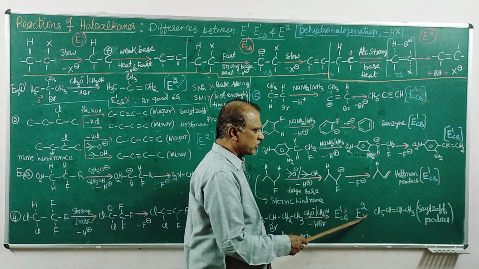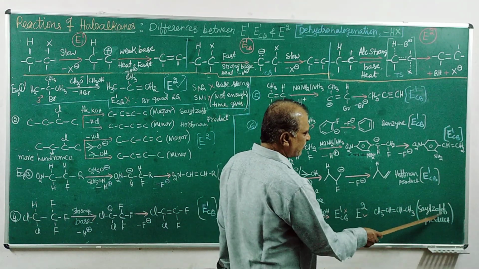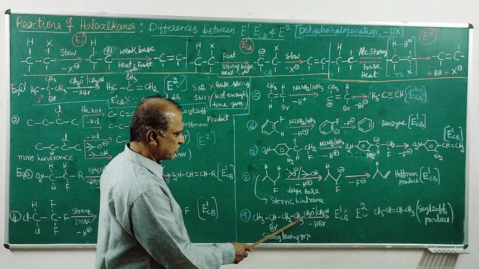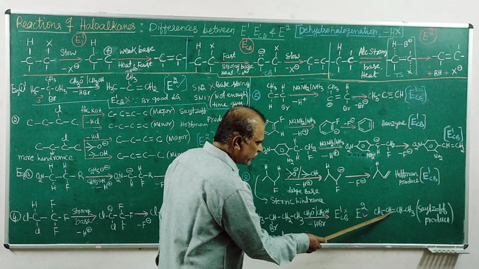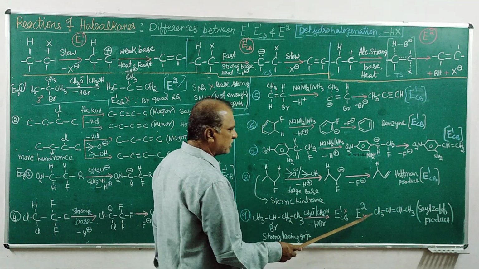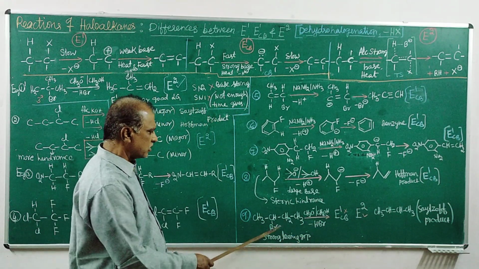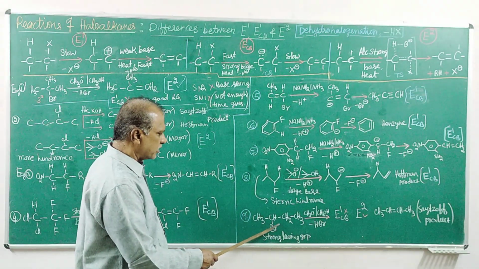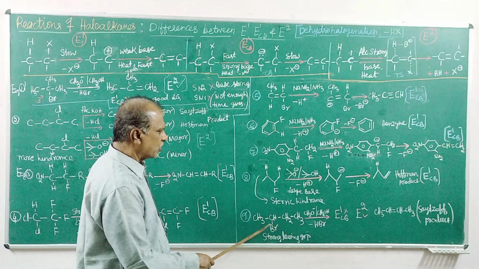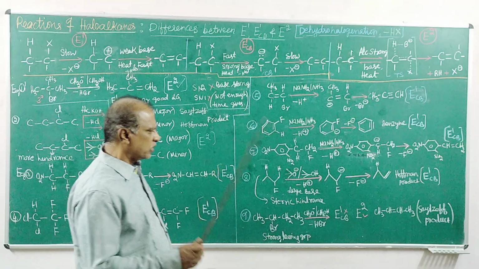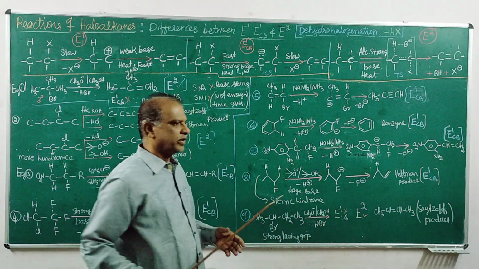The E2 mechanism usually gives the Saytzeff product. That is, in this case, this is the alkene formation. It follows the E2 mechanism, not the E1CB mechanism. It is based on this Br. Br is a very good leaving group, and with a very strong alcoholic base, it undergoes only the E2 mechanism, not E1CB.